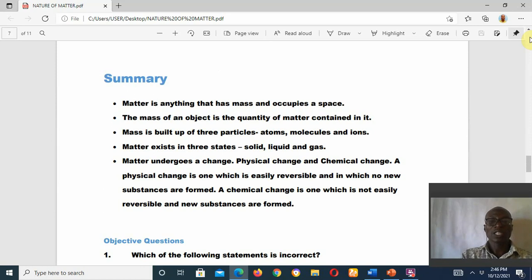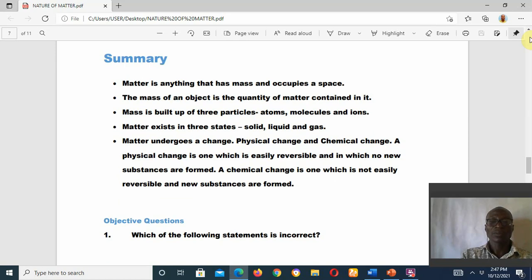Matter undergoes change, that is, physical change and chemical change. A physical change is one which is easily reversible and in which no new substances are formed. A chemical change is one which is not easily reversible and a new substance is formed.